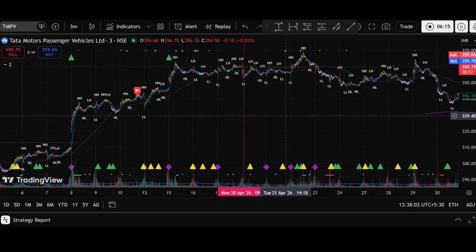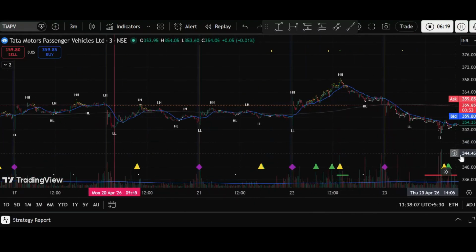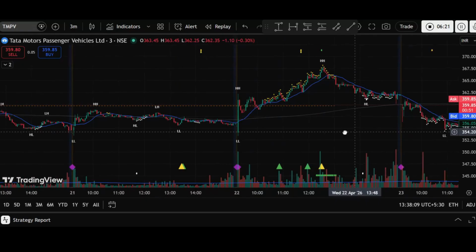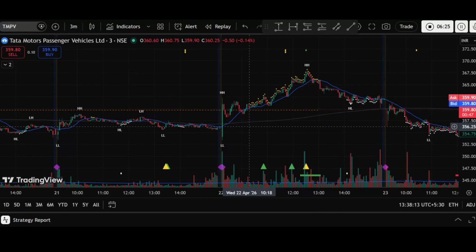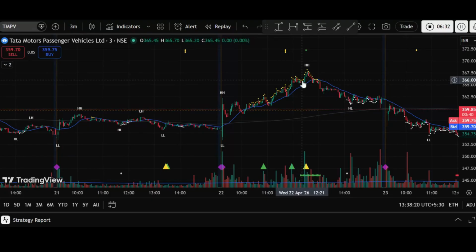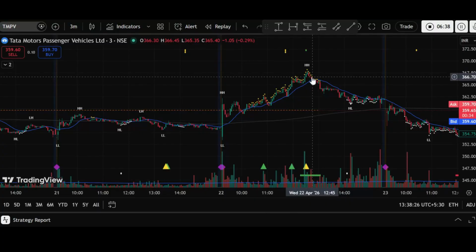I'll put an example of what exactly an overbought zone looks like. Okay. Now this is something which I'll call an overbought zone. Okay. Now these yellow dots have crossed a threshold. Okay. And from this point, we can actually have that indication that the price is in an overbought zone.